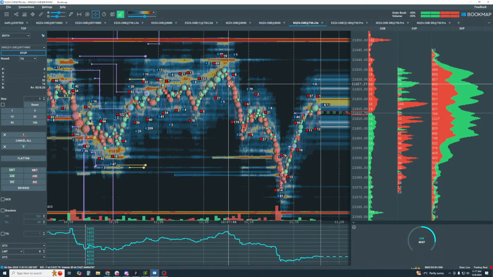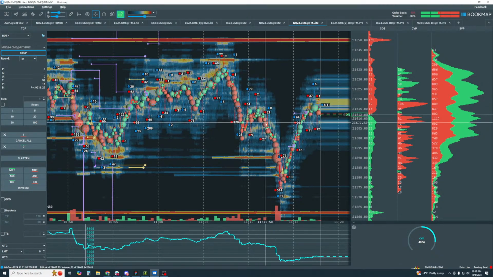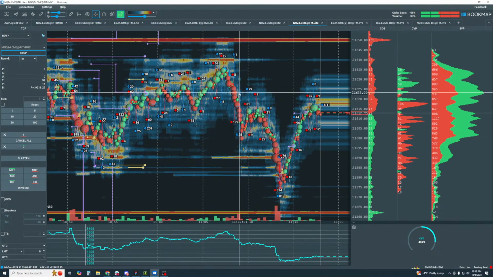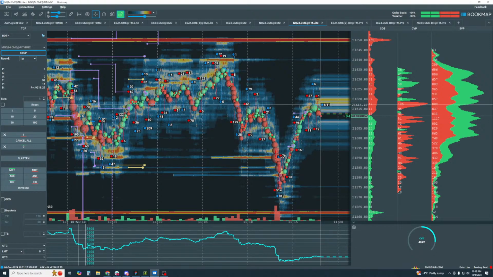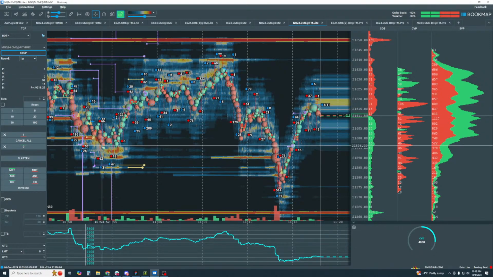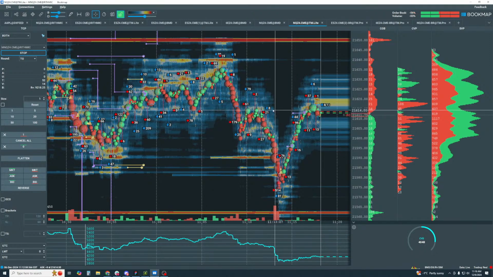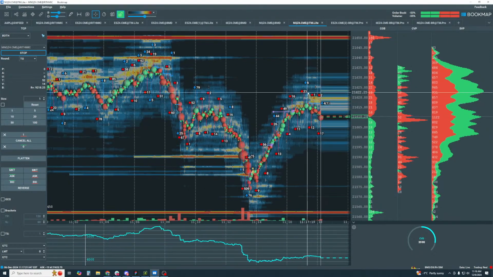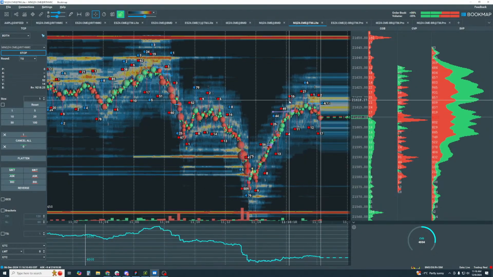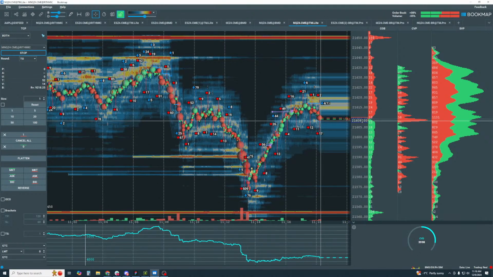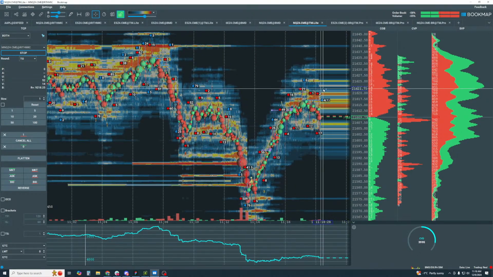Just a comment about looking at very, very small time frames and doing these demos: these kinds of toxic moves can happen, and when that does happen, immediately we're going to be stopped out, right? NQ is more likely to do that than others, but that's the risk you take, and you have to know that.